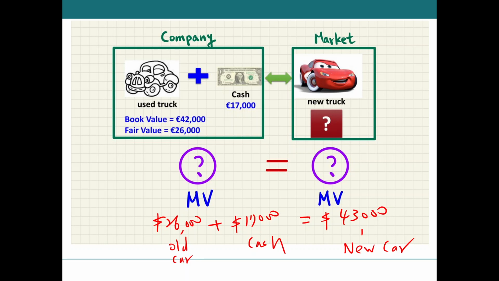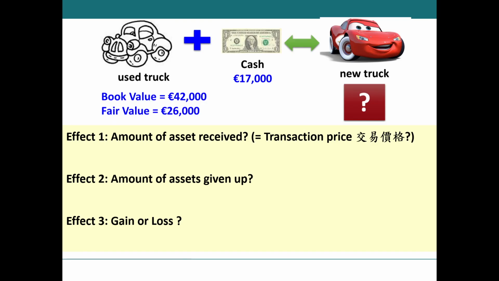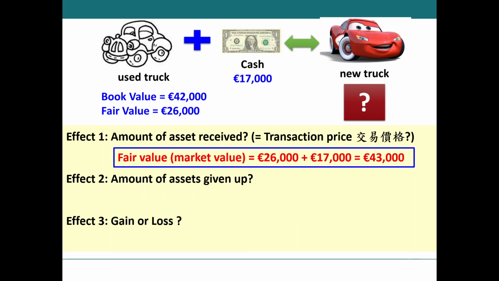Okay? So after that, I know I got a new car. How much? Should be $43,000, the market value. $43,000.